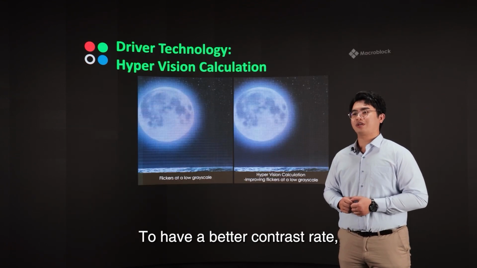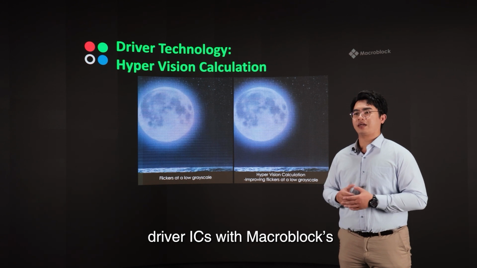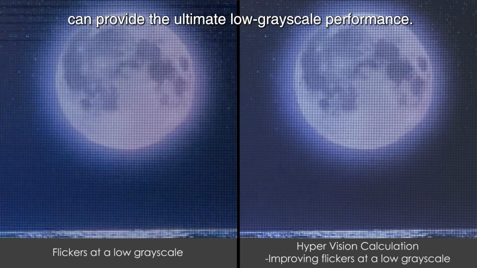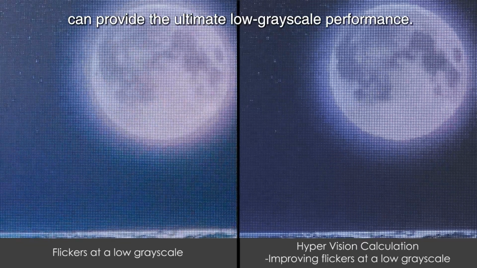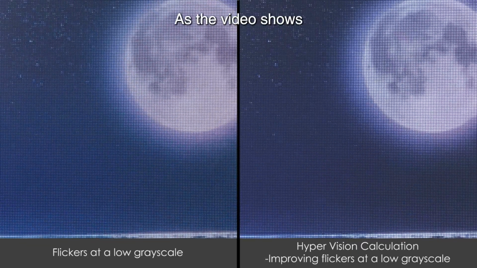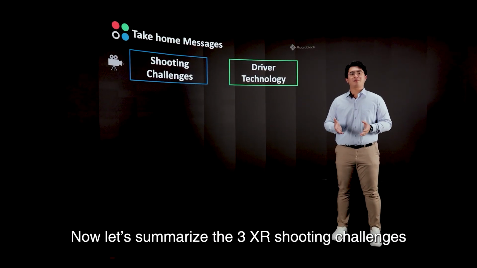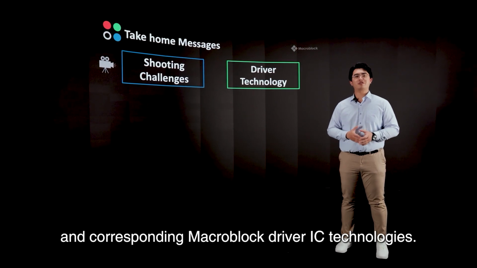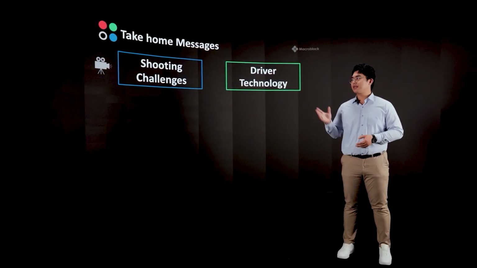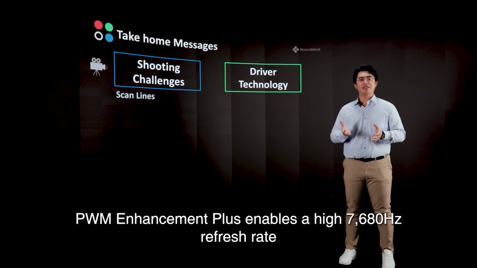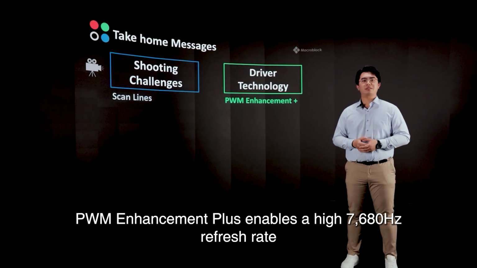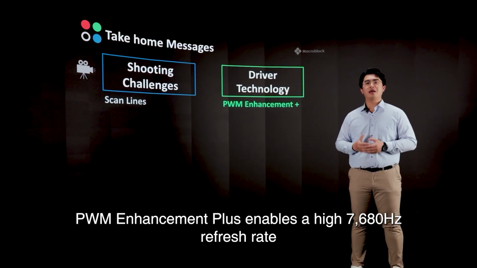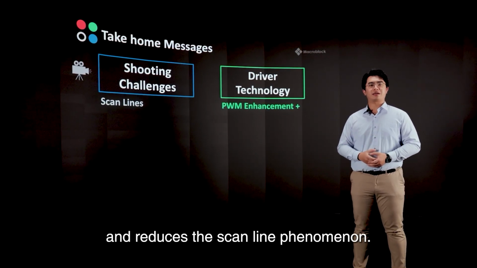To have a better contrast rate, driver ICs with Macroblock hypervision calculation technology can provide the ultimate low grayscale performance, as the video shows. Now, let's summarize the 3 XR shooting challenges and the corresponding Macroblock driver IC technologies. Scanline issues: PWM Enhancement Plus enables a high 7680 Hz refresh rate and reduces the scanline phenomena.